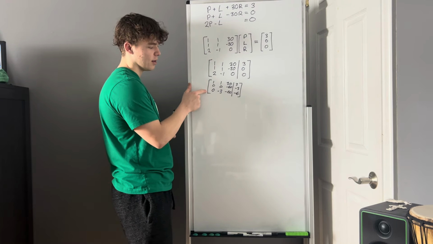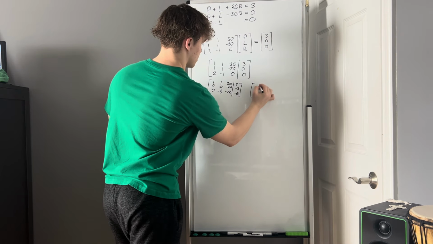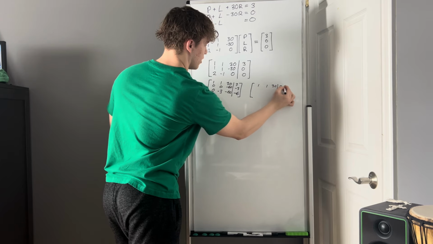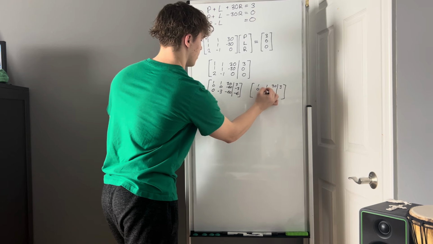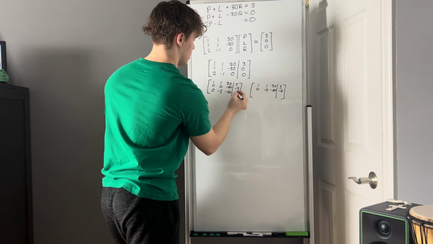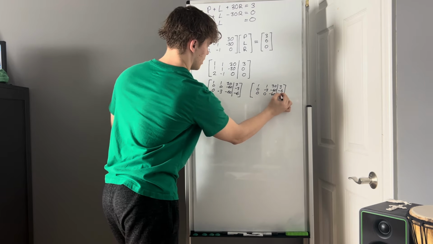So I'm going to swap these 2 rows. What I'm going to get is 1, 1, 30, 3. Swapping these rows, I get 0, minus 3, minus 60, minus 6. And I get 0, 0, minus 60, minus 3.